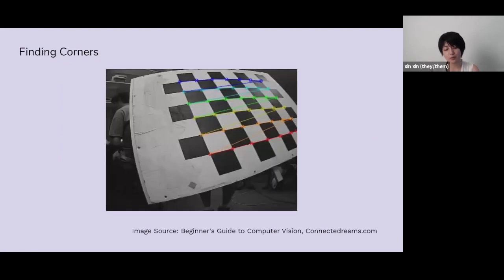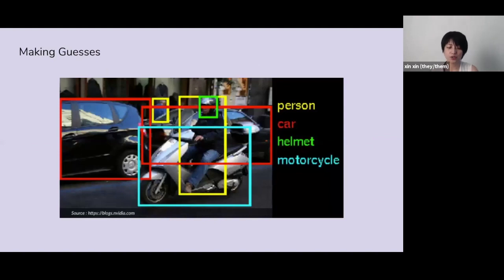And another process in computer vision is finding corners. By being able to find the corners of objects through edge detection, you can also start simulating perspectives and camera angles, right? So there are all kinds of applications and usages of this.